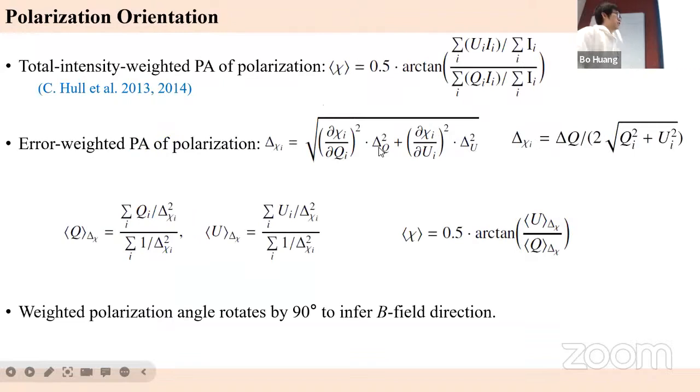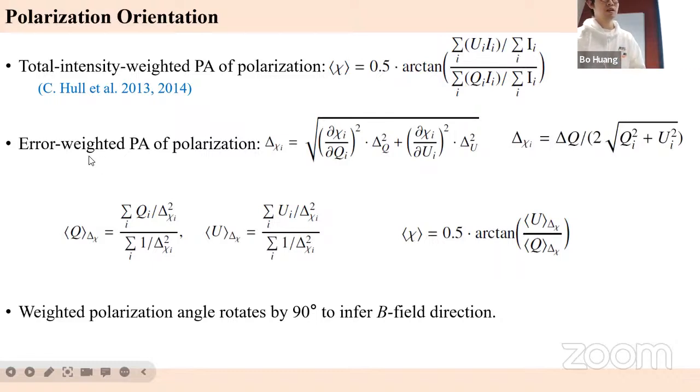For the polarization orientation, we first follow Chekhov's method to perform a total intensity weighting, to give more weight to the position angle in higher density regions. Q and U here are the linear polarization components, and I is the total intensity, by which it is weighted.